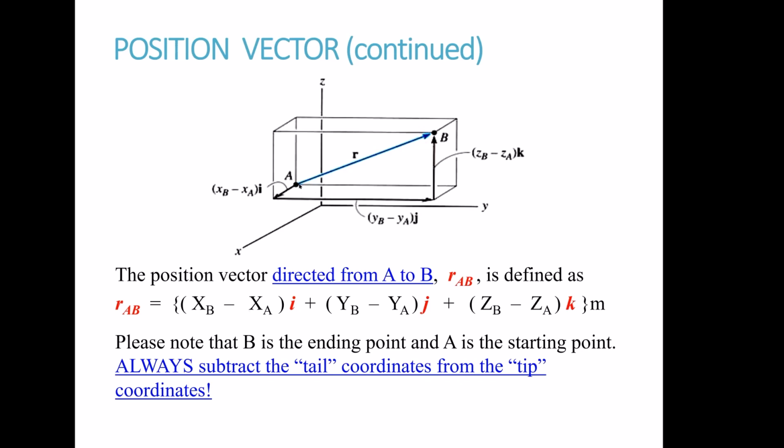So R subscript A, going from here to here, plus this one equals this. If you subtract out this vector from the other side of the equation, this is essentially what you have in terms of components, okay? Just a note: always subtract tail coordinates from the tip coordinates, okay?